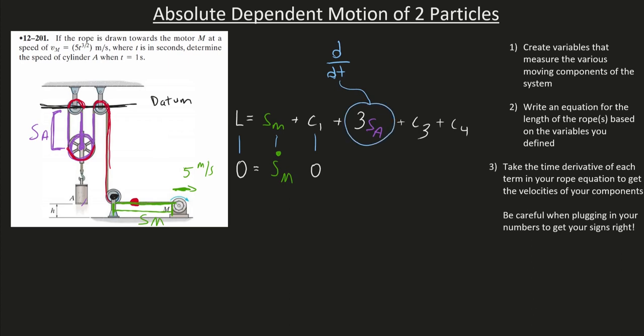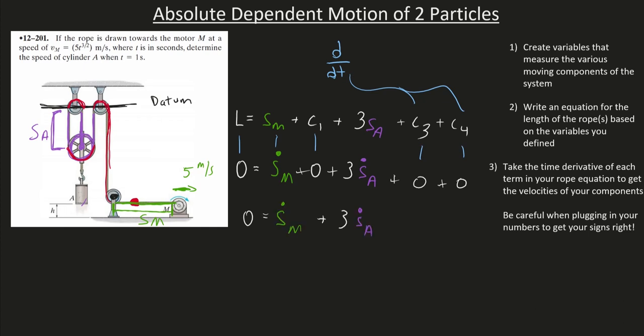Derivative of this is going to be 3 times the velocity of that pulley. And of course, the derivatives of these two things are going to be 0, because these are constants and they don't change with time. So my equation that I'm getting here is really this.